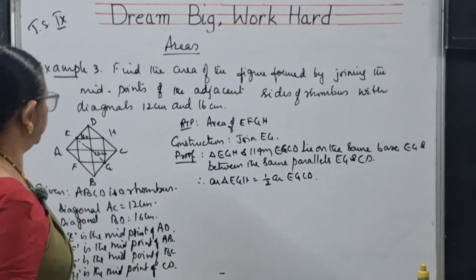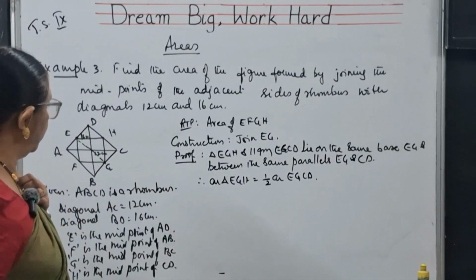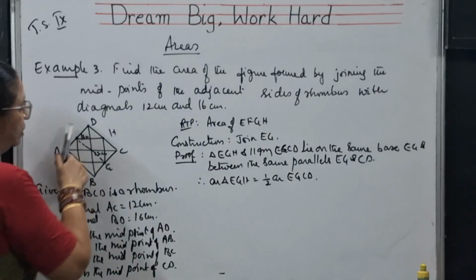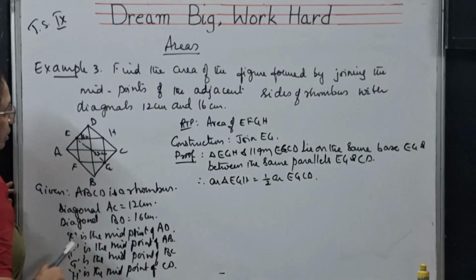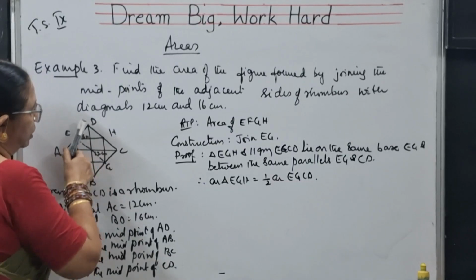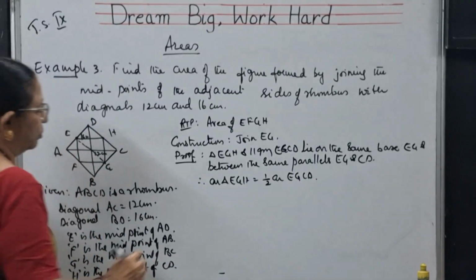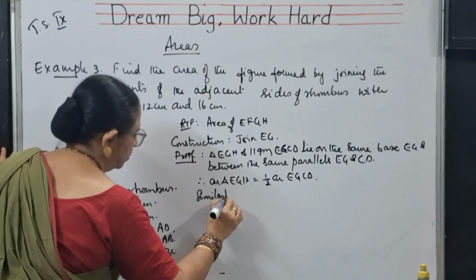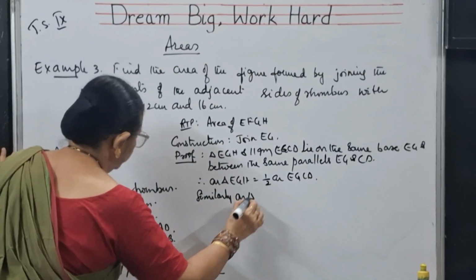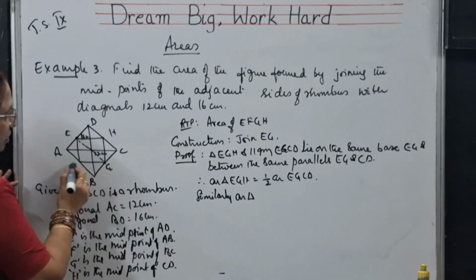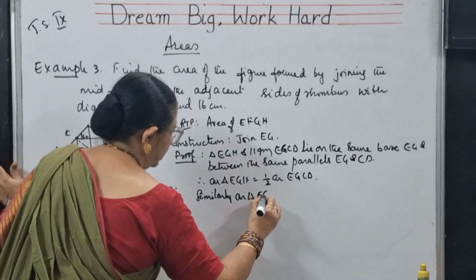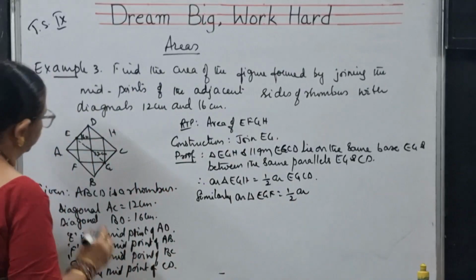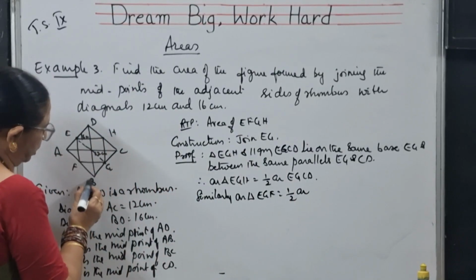Basing on the theorem or the example that we have done, a triangle and parallelogram lie on the same base and in between the same parallels, the area of triangle is half of the area of the parallelogram. So similarly, area of triangle EGF is equal to half area of EGBA.